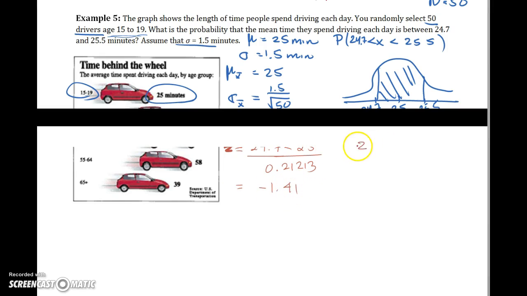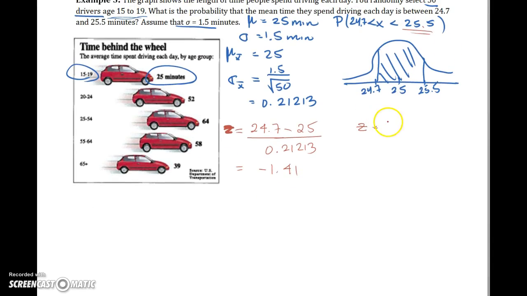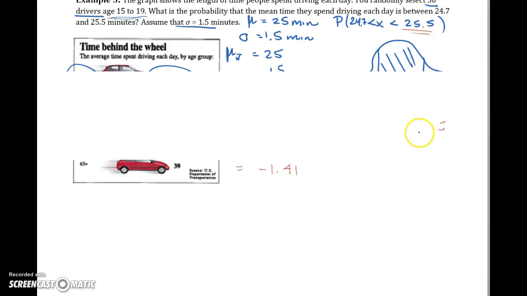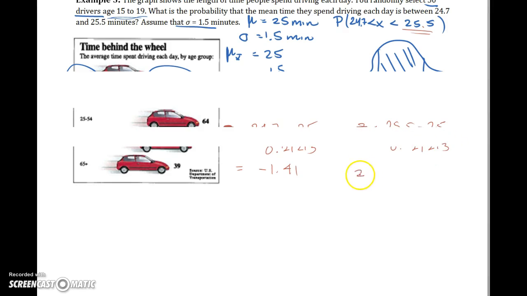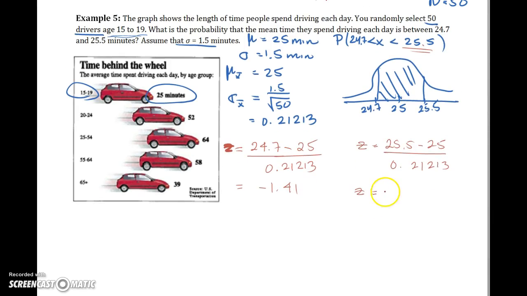And then for your other z-score, because you also need this boundary as well, you will have 25.5 minus 25 over that same standard deviation. Your z-score is going to be 2.36.